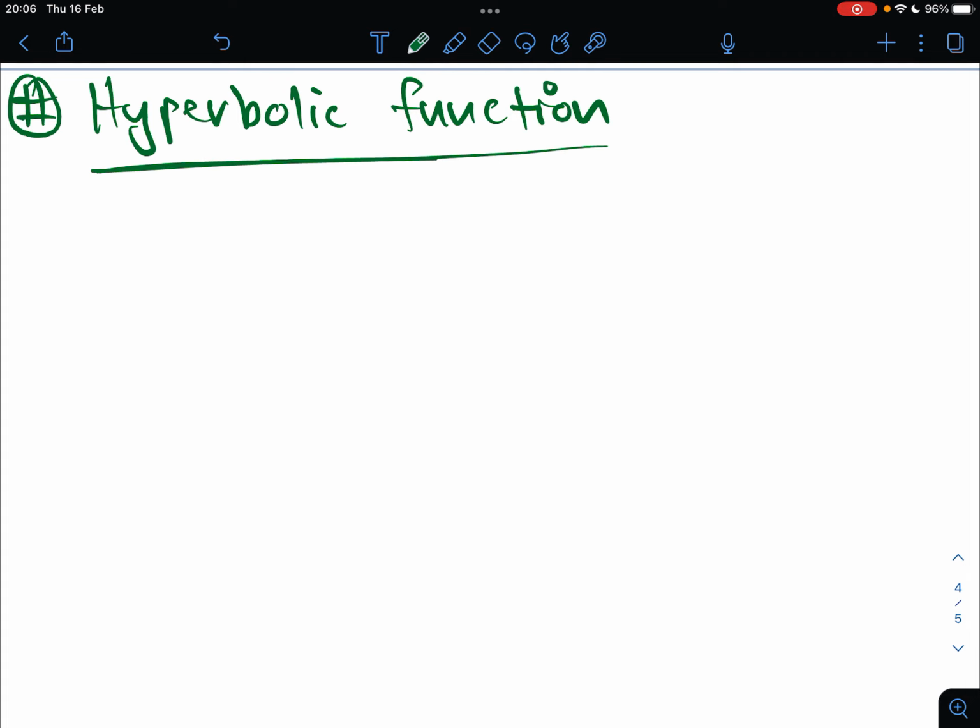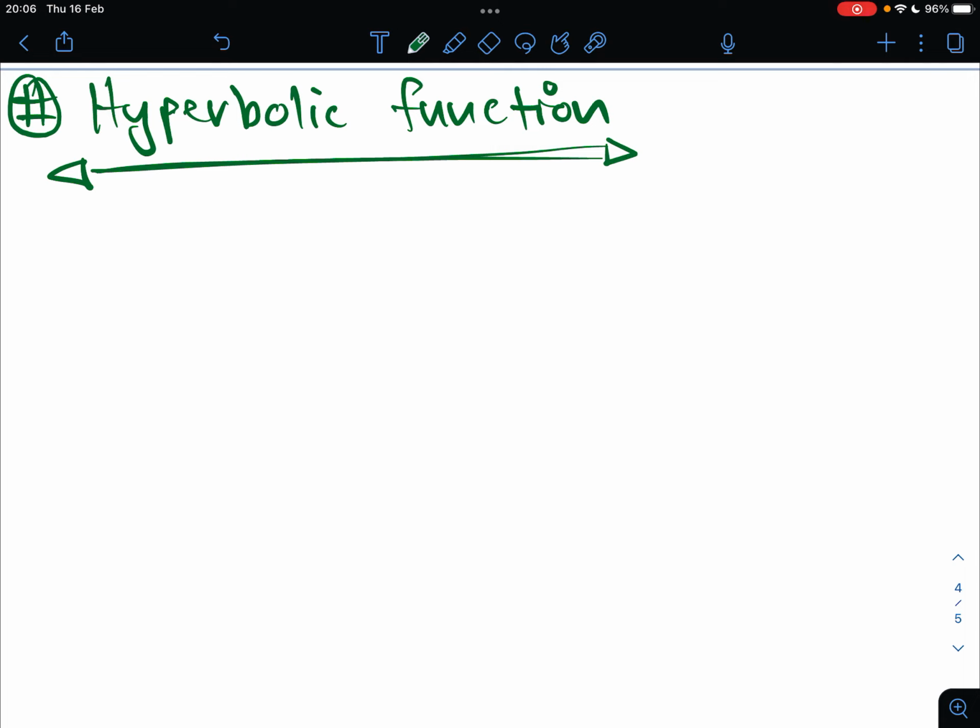The first one that we want to look at is what we call the hyperbolic function.